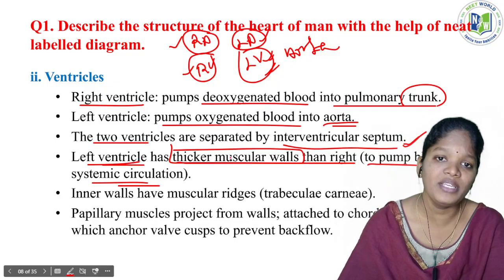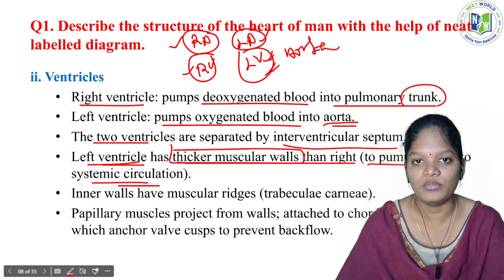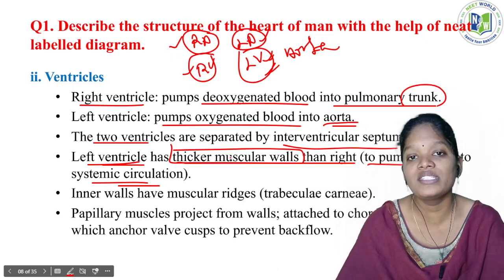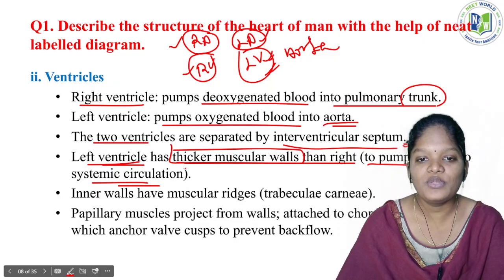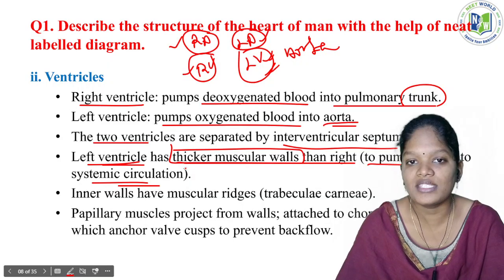Systemic circulation means from the left ventricle the blood has to enter all our systems, all parts of the body. That is why, to pump that, it has to have these thick muscular walls.